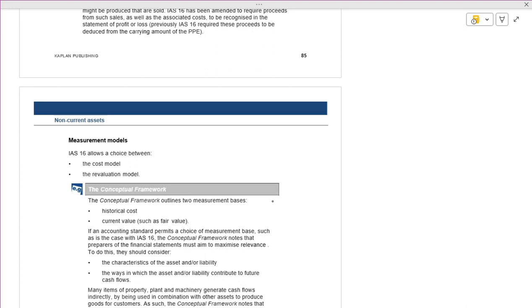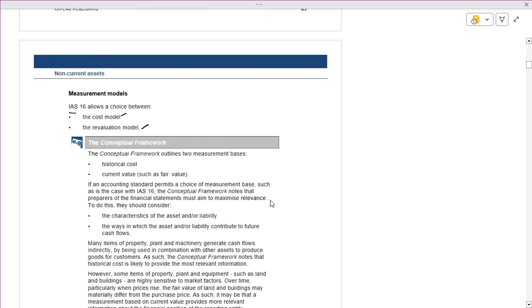See, IAS allows a choice between a cost model and a revaluation model. Is it right? When we say it's a cost model, it is based on the historical cost. When we say historical cost and current value, these are two measurement bases. Is it right? Current value, now, it is the fair value.